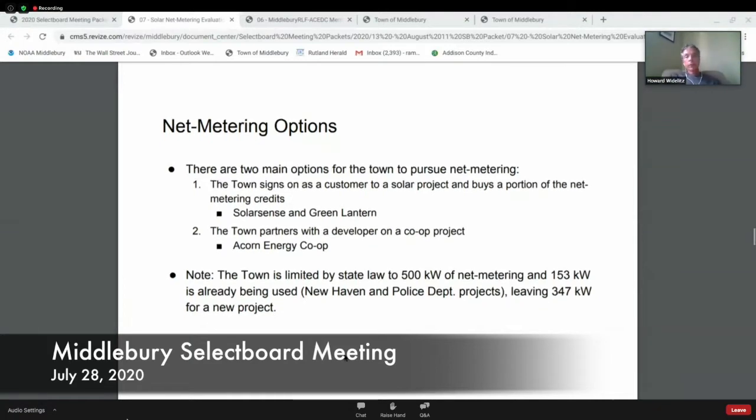One thing to note is that by law, we have a limit of 500 kilowatts that we can purchase. Right now the town is at 153 kilowatts, with 150 of that coming from the array behind the police station. So that leaves us with 347 to play around with.